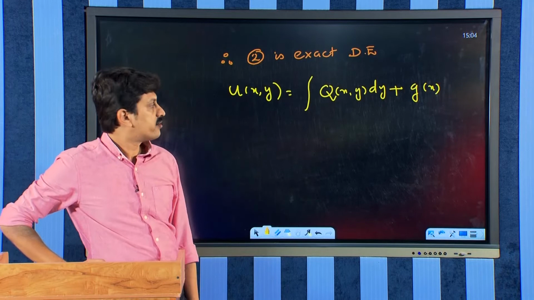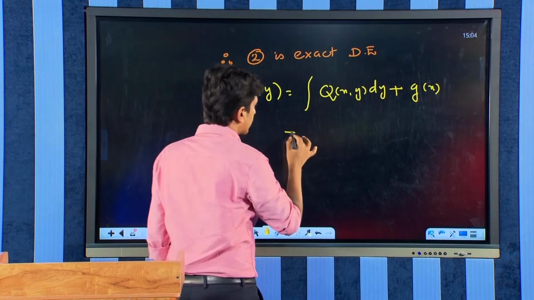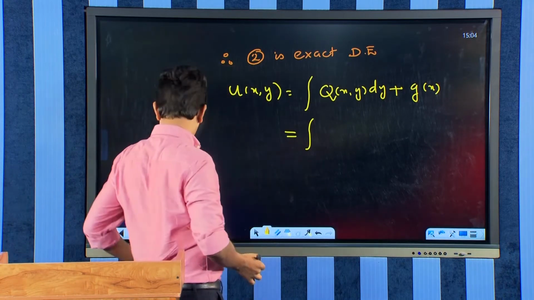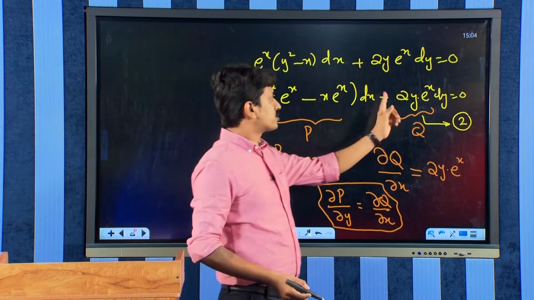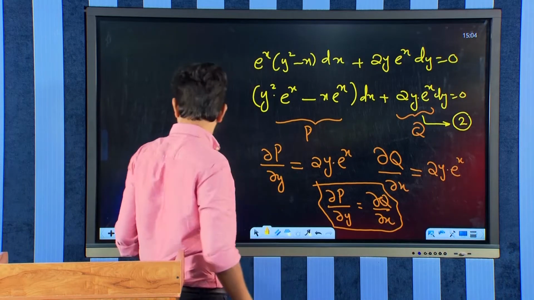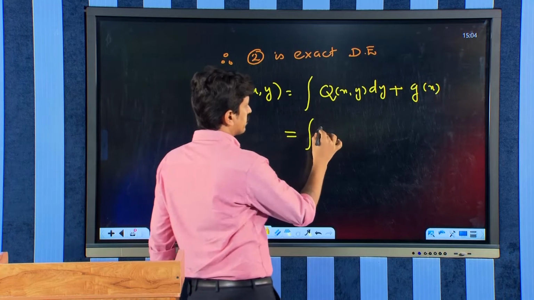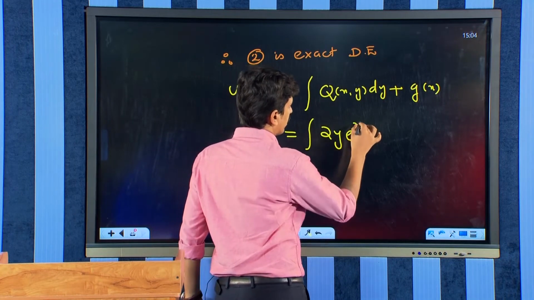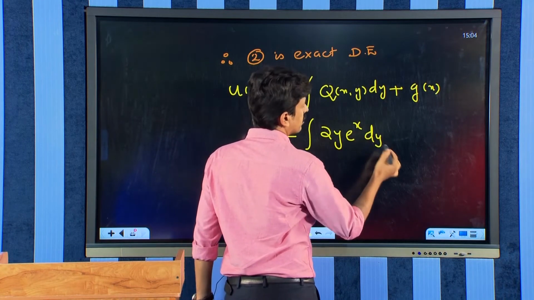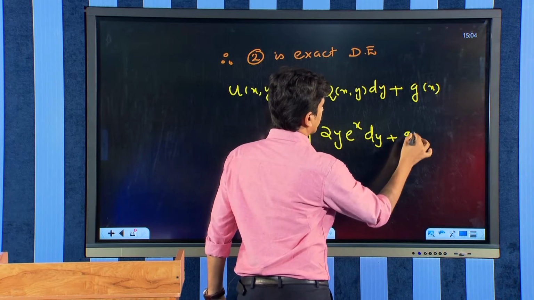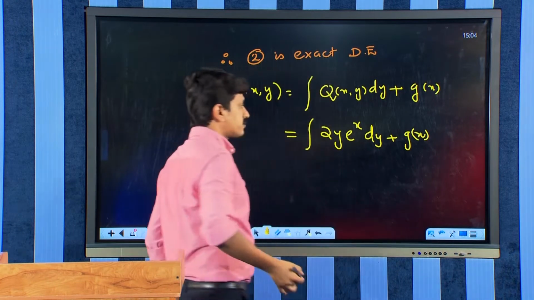Q of x y is 2y e raised to x, so this is equal to the integral of 2y e raised to x dy plus g of x.